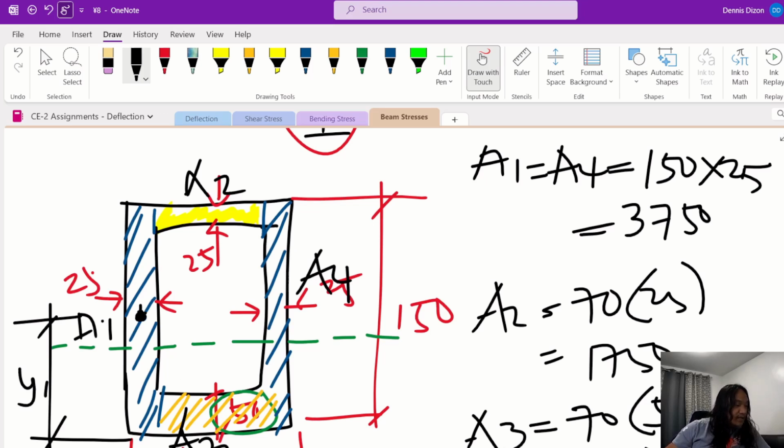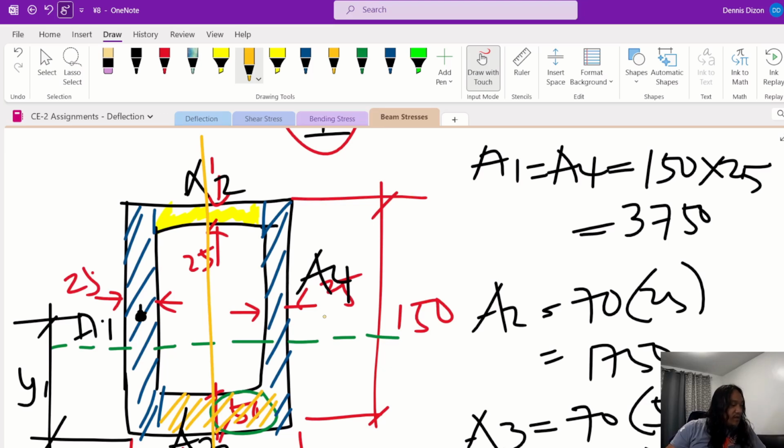X1 will be just at the middle because it's symmetrical on both sides, but top and bottom it is not symmetrical. So we'll just calculate the location of the neutral axis, the barred y, which would be closer to the bottom.